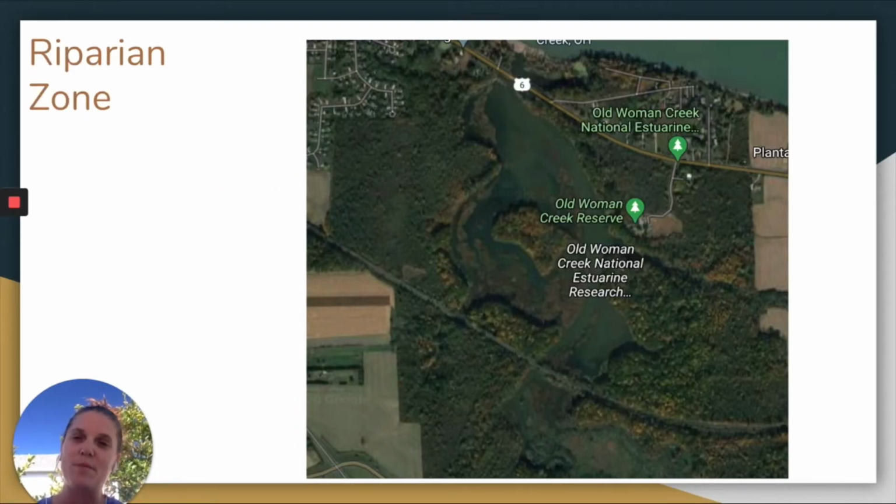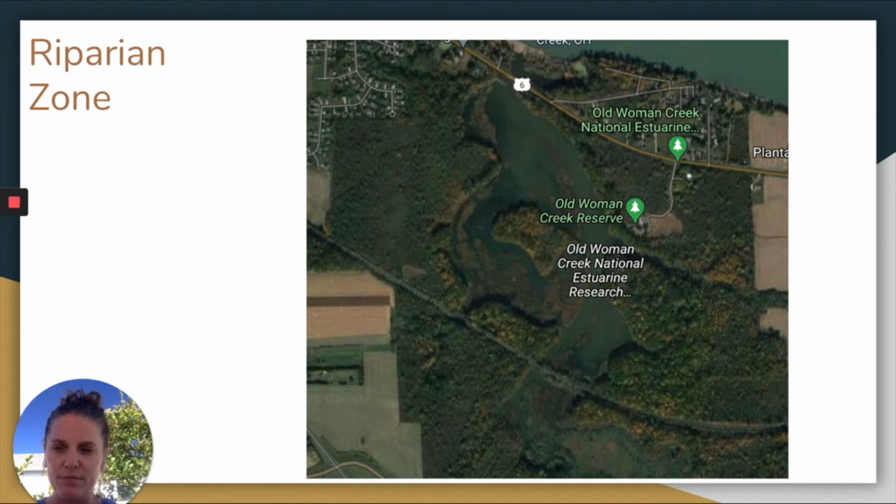Next, you need to know about what a riparian zone is. So a riparian zone is the place that's between the land and the rivers and streams. Usually what you see is there's a lot of vegetation, and the vegetation along those areas really love water. So they're hydrophilic.